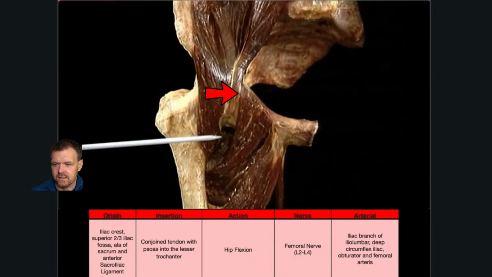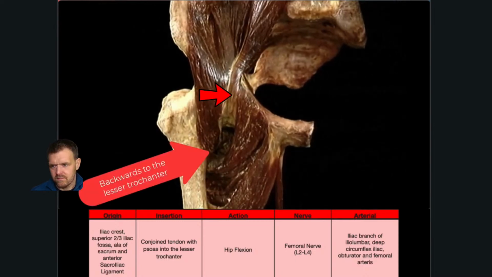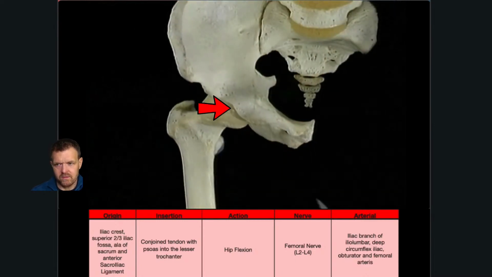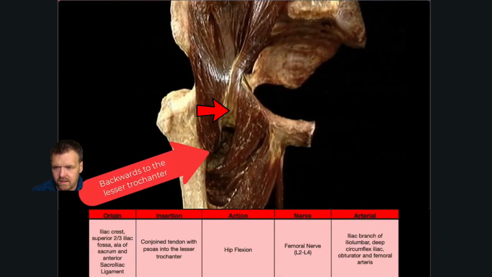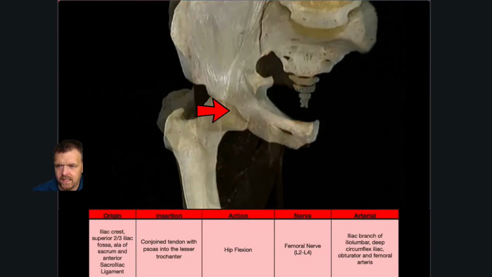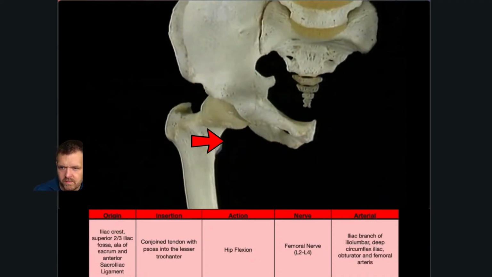Okay, so that's, again, doesn't look like this when it's all together. In fact, let me just pause that very quickly at the bottom. That went really quick then. So there, just poking through there, that's your lesser trochanter. But you'll see what they need to do to expose it. They need to laterally rotate the hip so that you can see it.